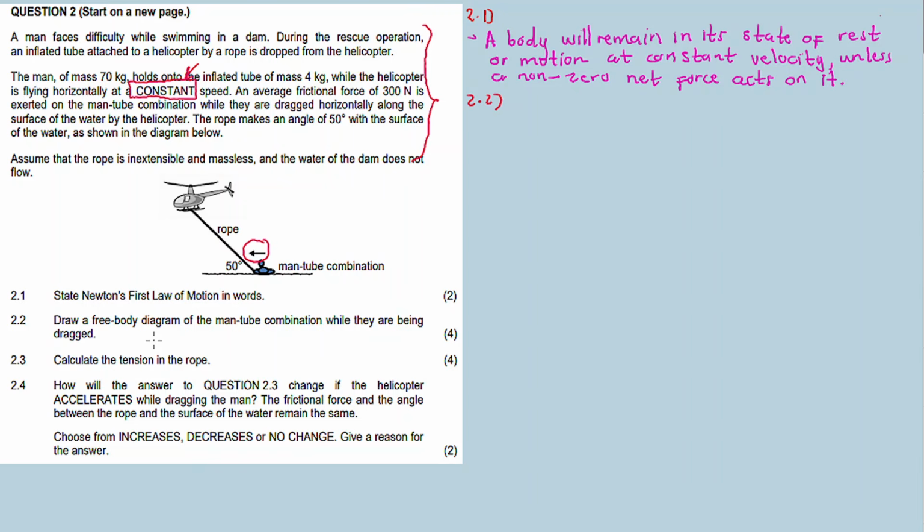Okay, it's a free body diagram. Now, the laws, especially in physics paper 1, you must know the first law, second law, and also the third law. These laws you must be able to define, because look, this is 3 marks.